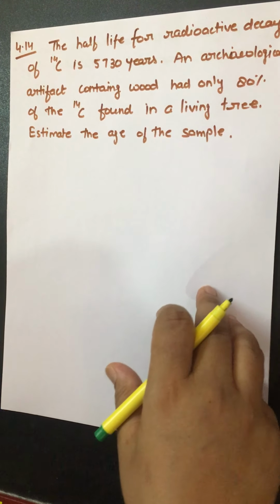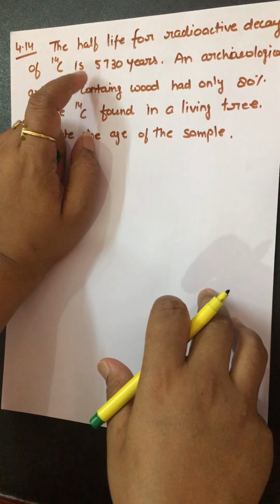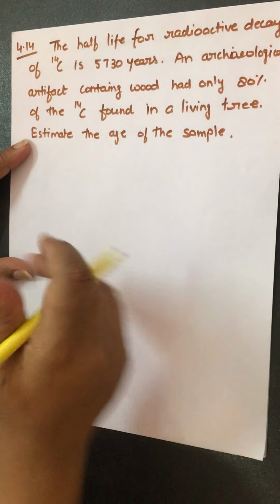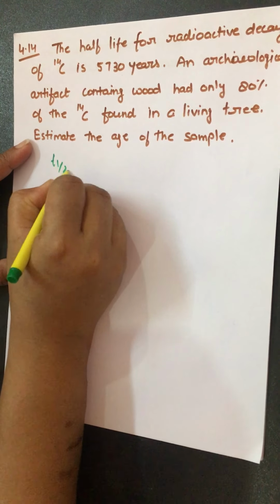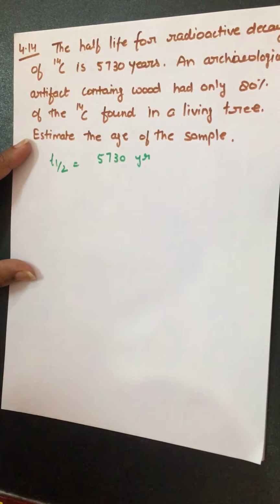Now what we have to do first, if I know half-life time, I can calculate rate constant by using formula. T half is given, 5730 years, right?